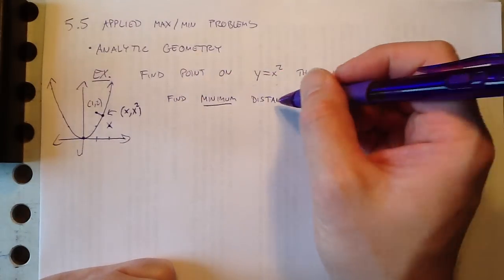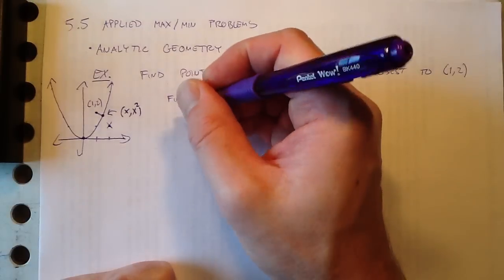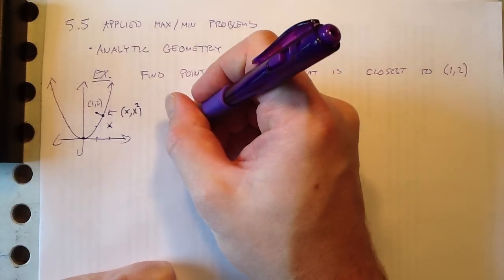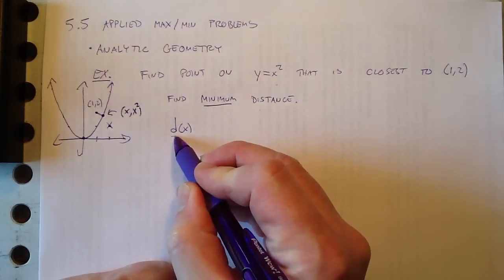Since we're talking about distance, we're going to define our function using the distance formula. Instead of f of x, I'm going to call it d of x to remind me that this is a distance function.